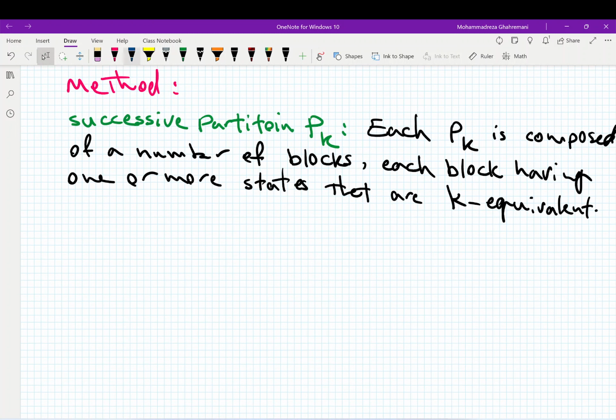Okay, so this is the definition of partitions. So let's see what steps we take to solve a partitioning reduction.